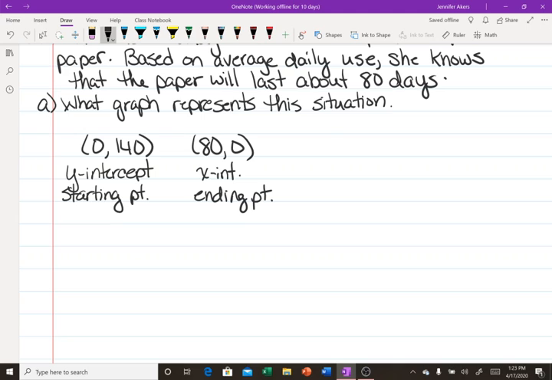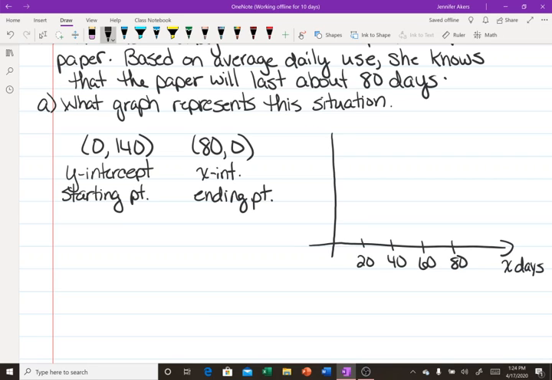So let's look at a graph. X is in days. Let's go by 20. 20, 40, 60, 80. These are packs of paper.